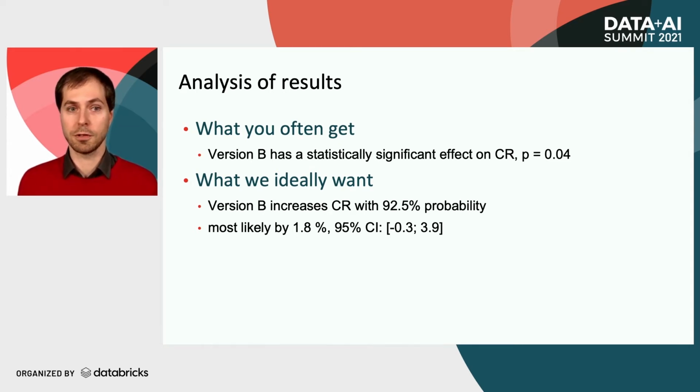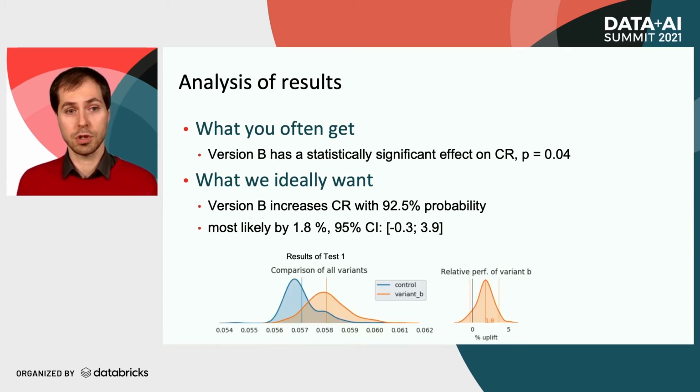So you quantify both the most likely effect size, how much it probably helped, and also the uncertainty: the true value of this improvement can be in this confidence interval, and it can even be negative with some probability.